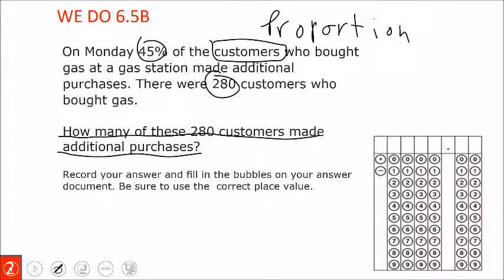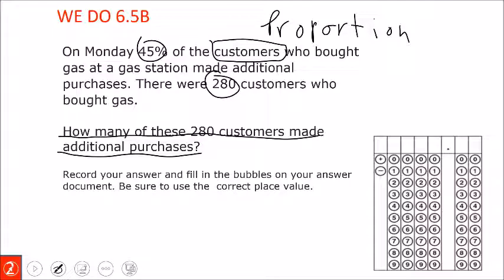Okay, how do you set up a proportion? Set up your proportion now. How do you set up a fraction out of a percent? Remember? Write it now, then put it in your proportion.